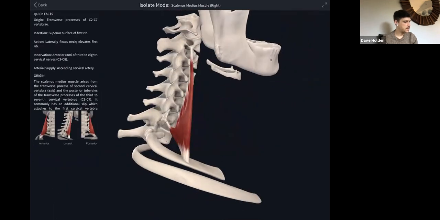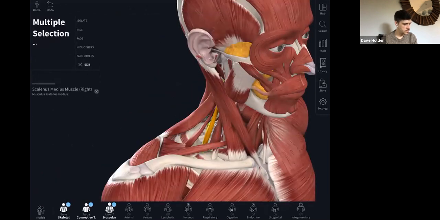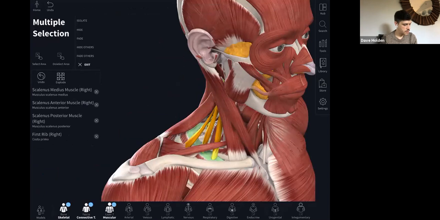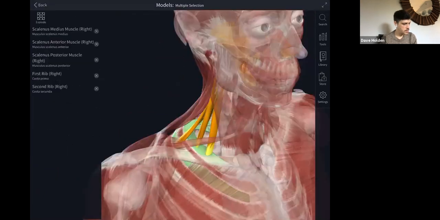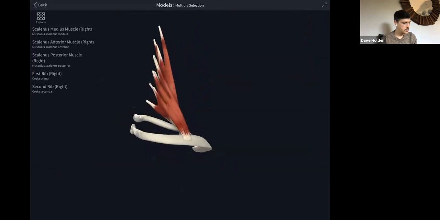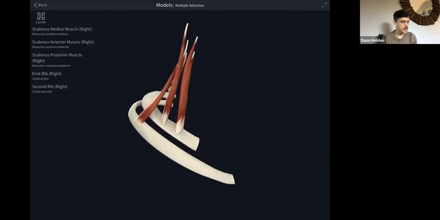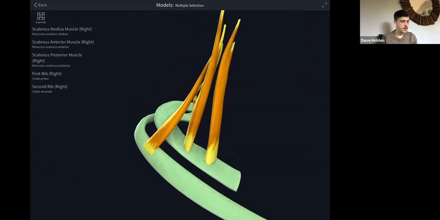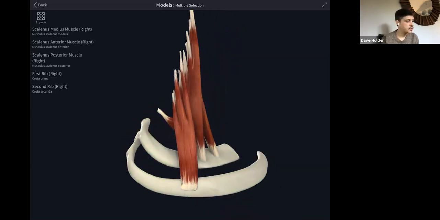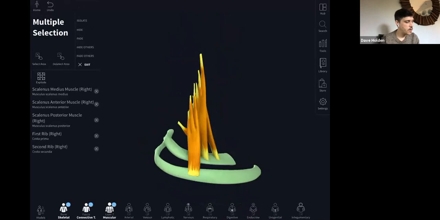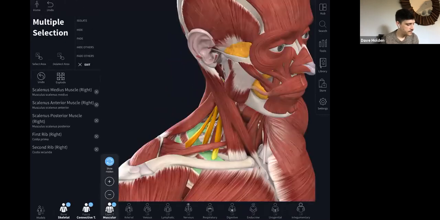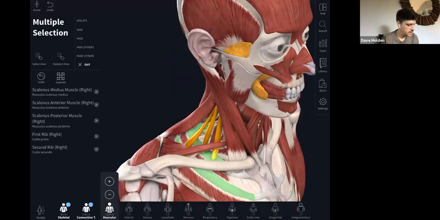Anterior, posterior, rib, rib. So anterior and middle scalene will insert on the first rib. Posterior scalene inserts on the second rib. All of these muscles originate at the transverse processes of C1 through C7. I'm sorry, C2 through C7.